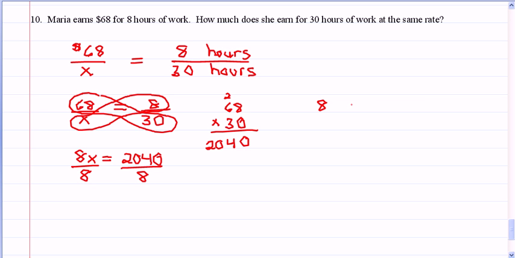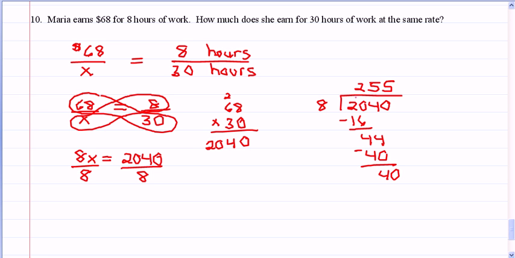So I take 8 divided into 2040. 8 goes into 20 twice, and into 44 5 times, and into 40 evenly 5 times. So my x is equal to 255. And x represented how much she earns, so I will say that she earns $255.